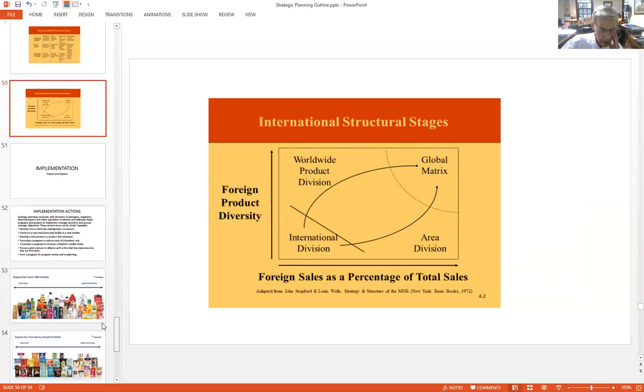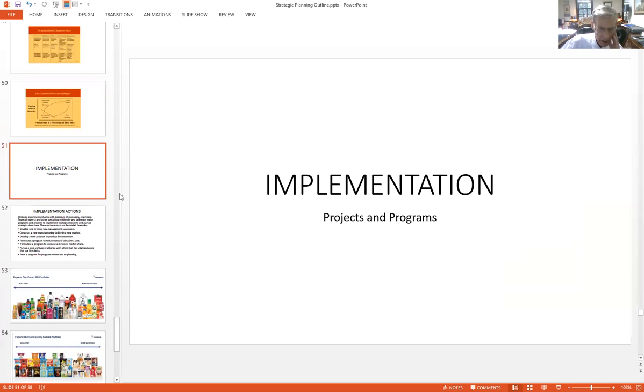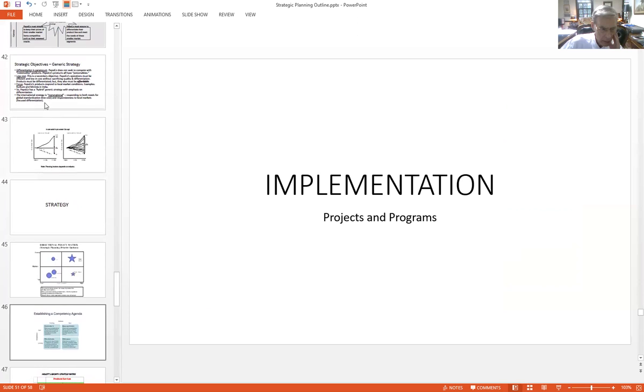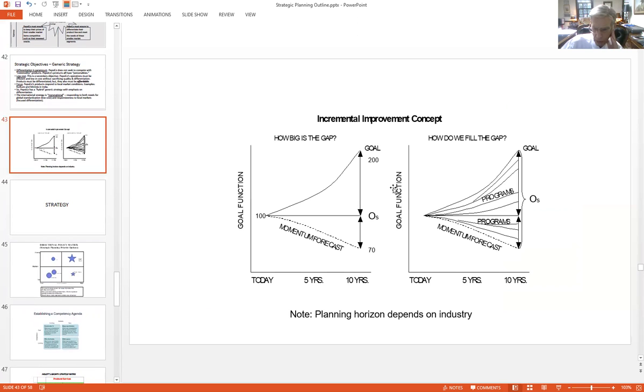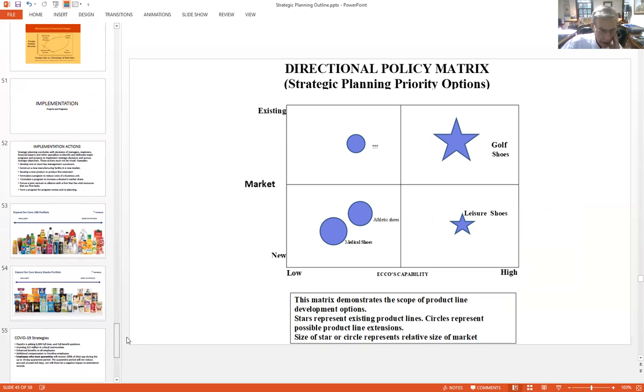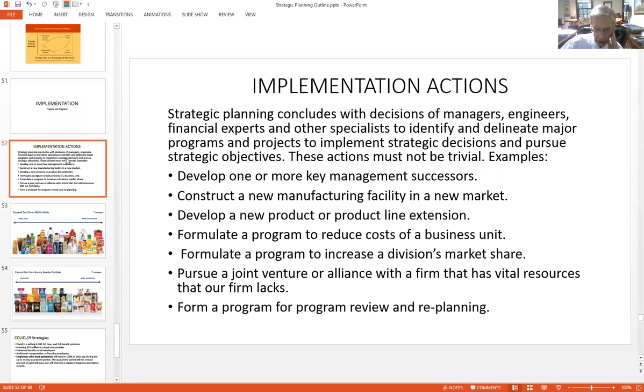Well, all right, we've now got our strategy and our organization. What we need to do is simply take action to implement these projects and programs that we talked about earlier. And so, implementation actions.